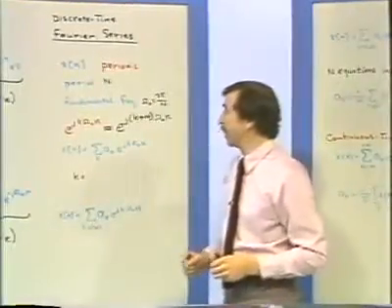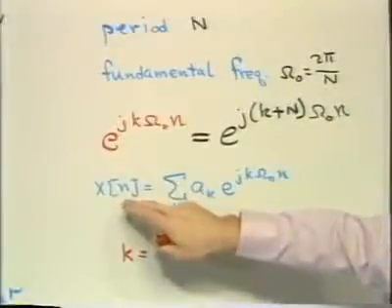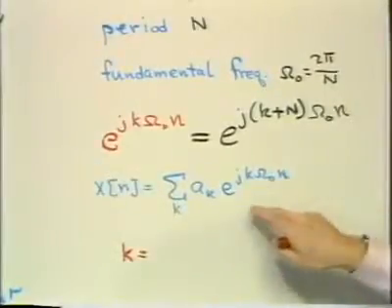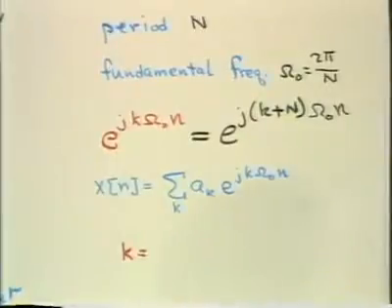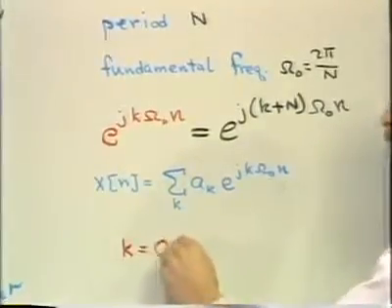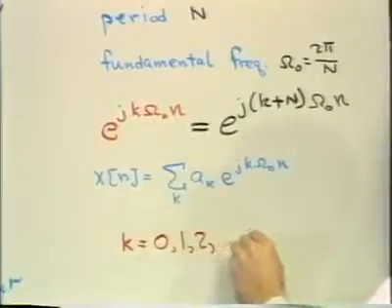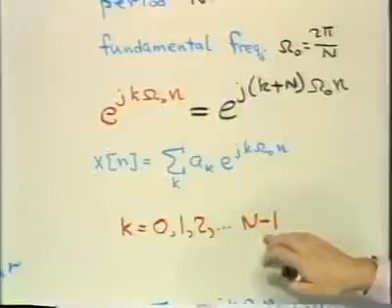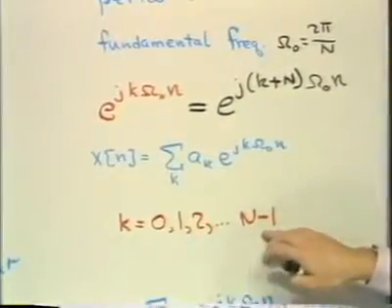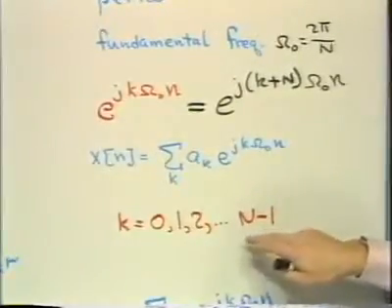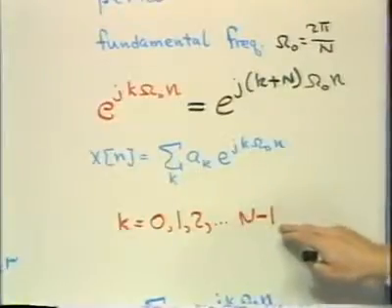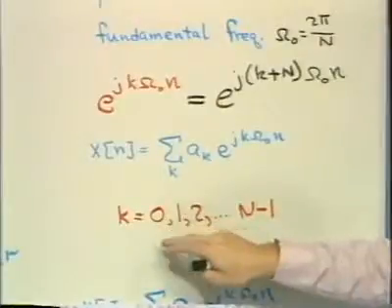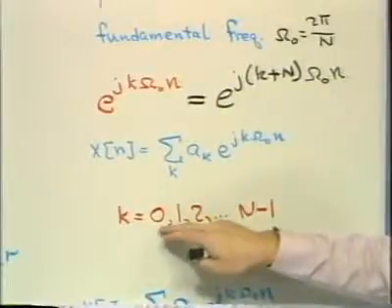And so if we can build x of n out of this linear combination, then we had better be able to do it as k varies from 0 up to N minus 1, because beyond that, we'll simply see the same complex exponentials over again. So, for example, if k takes on the value capital N, that will be exactly the same complex exponential as if k is equal to 0.